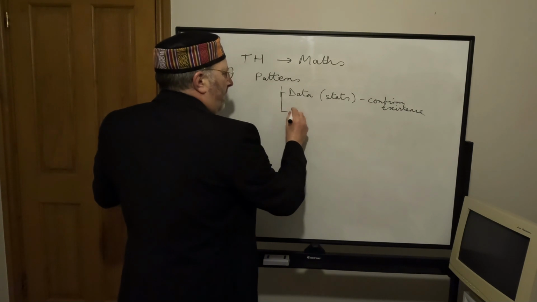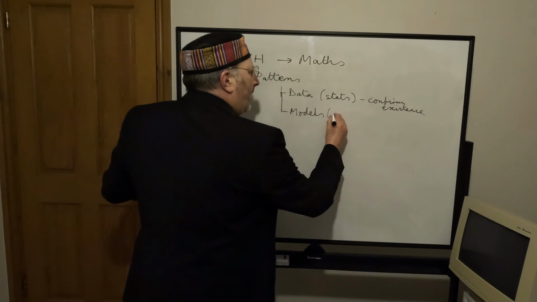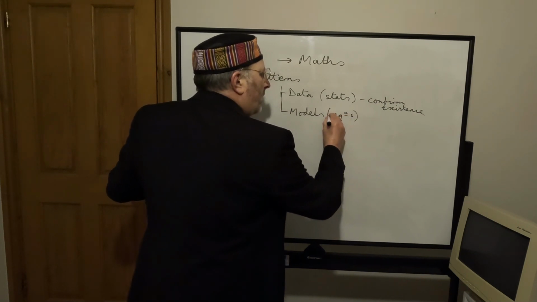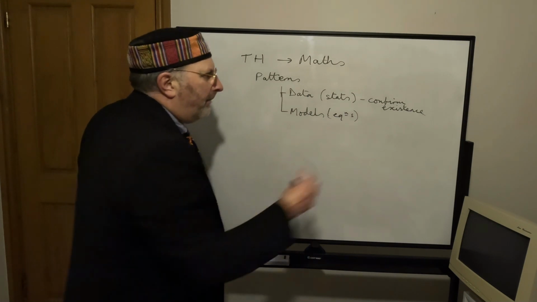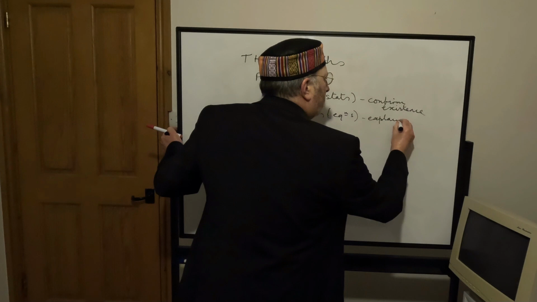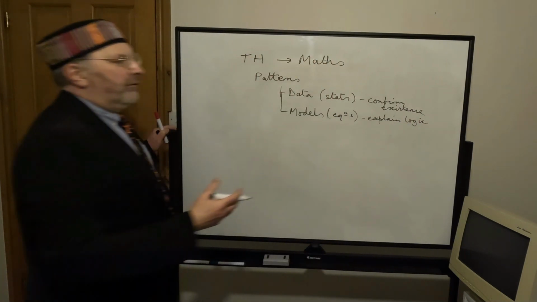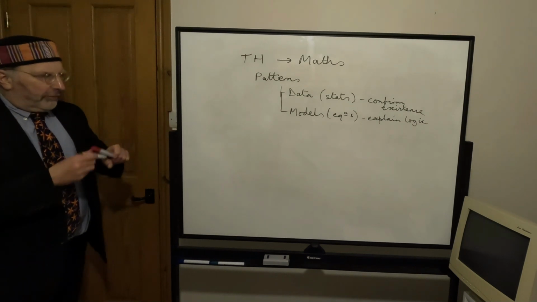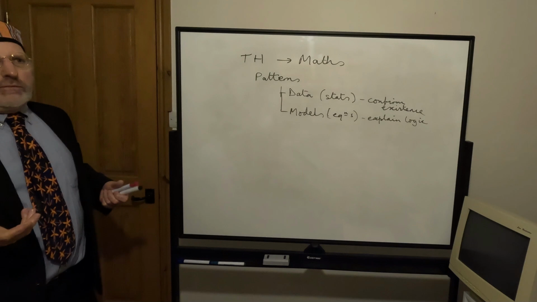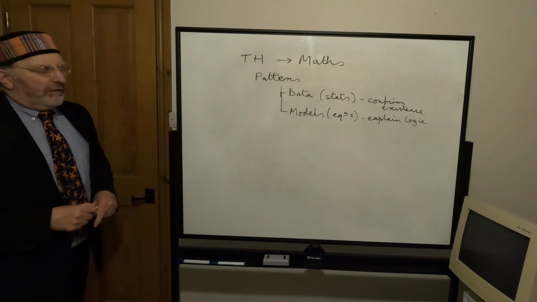And then the other aspect is the models, where we're getting into equations, and that is explaining the logic behind the patterns, why those patterns are what they are, what the variables are, and what the relationships between those variables are that generate these patterns we've seen in the data.